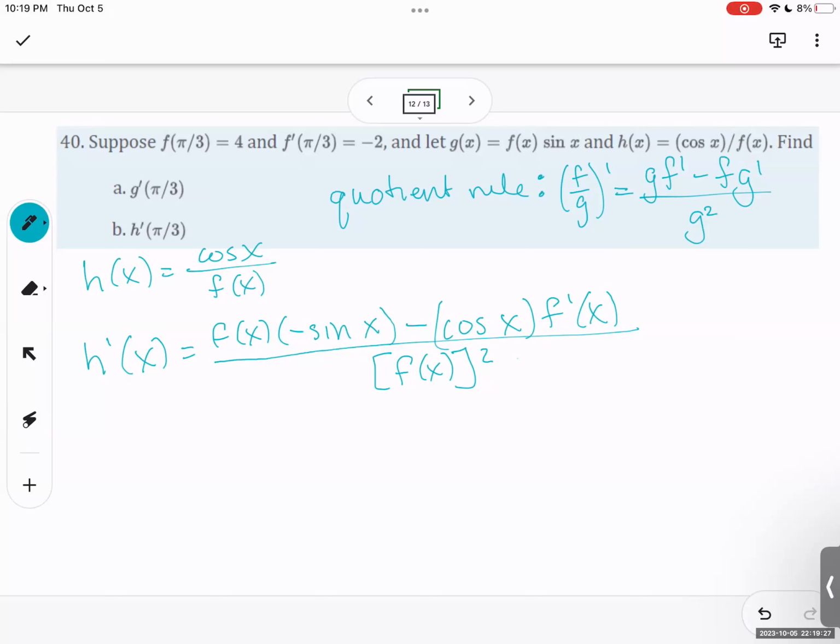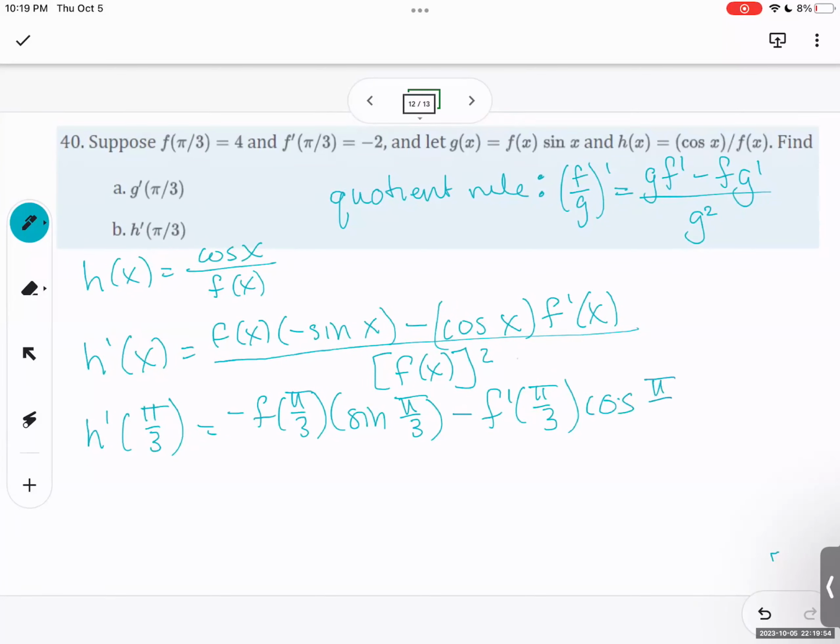So now we can plug in pi over 3. So we have negative f of pi over 3 times sine of pi over 3 minus f prime of pi over 3 times cosine of pi over 3, divided by f of pi over 3 squared.